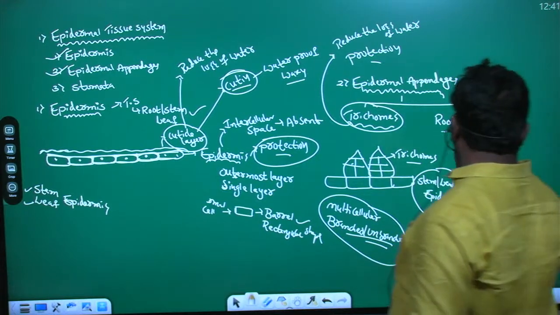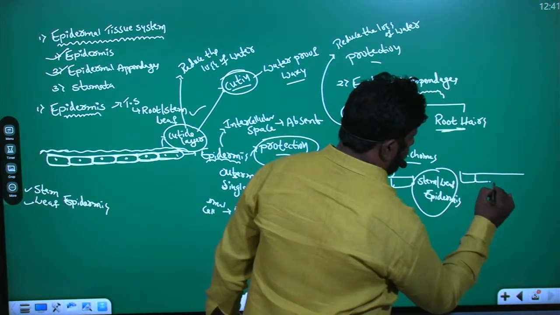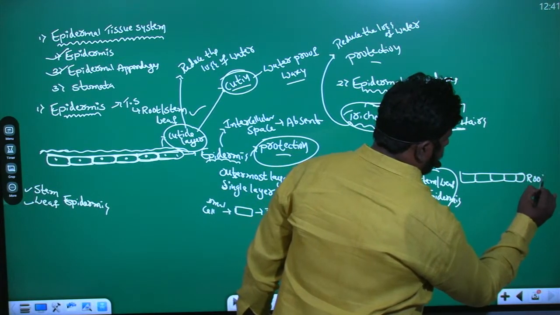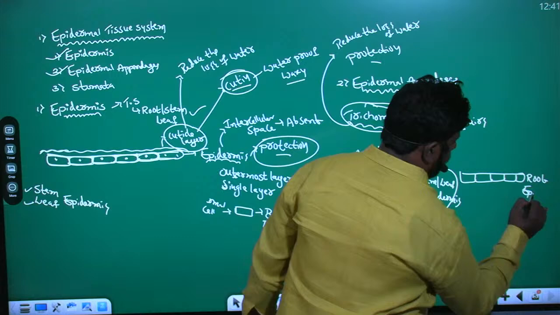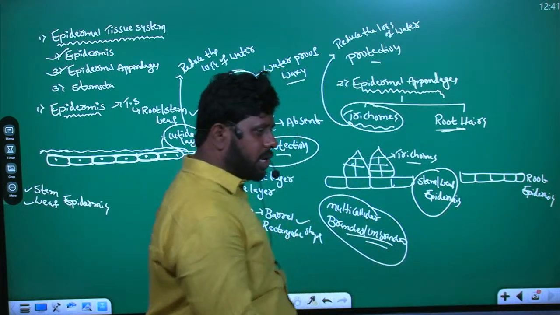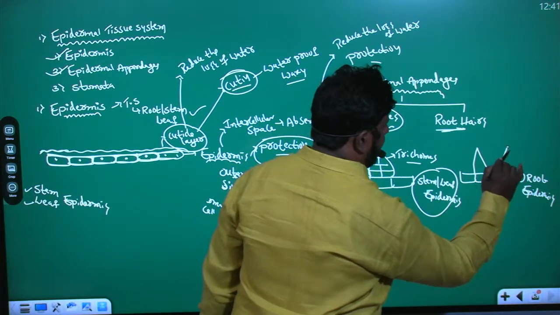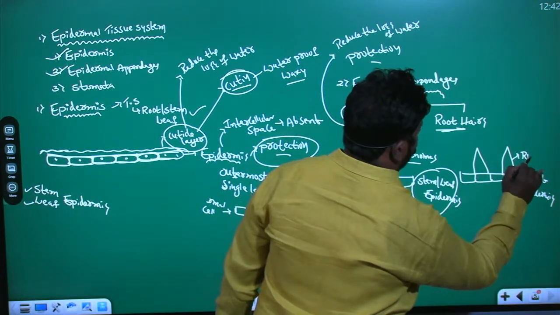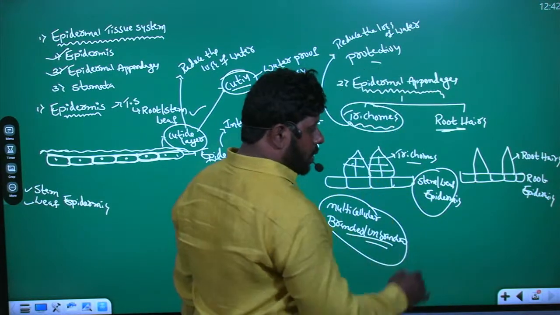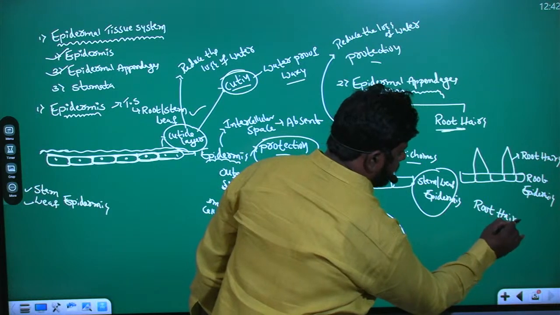And what is root hair? Imagine this is the root epidermis. In the transverse section of root, the outermost layer is called root epidermis. From root epidermis, hair-like structures are developed. These hair-like structures are called root hairs. Root hairs are very important, a question asked many times.